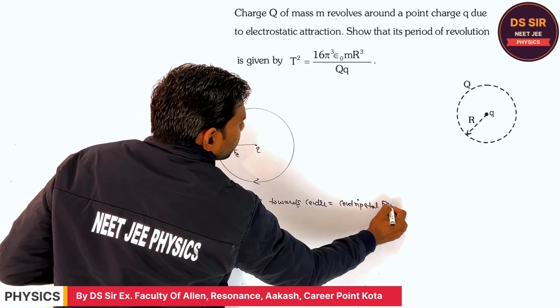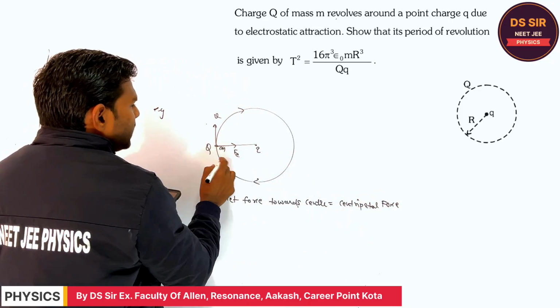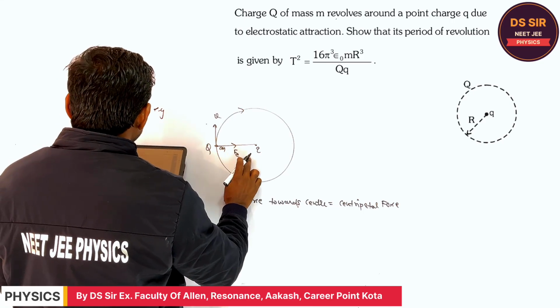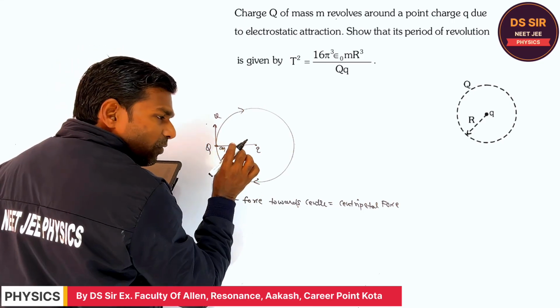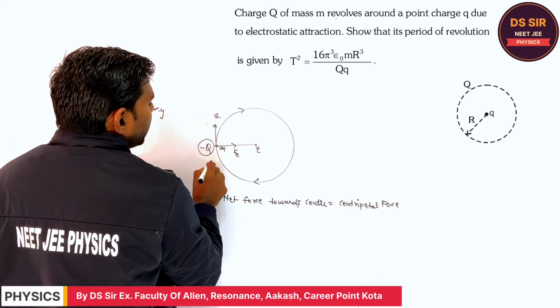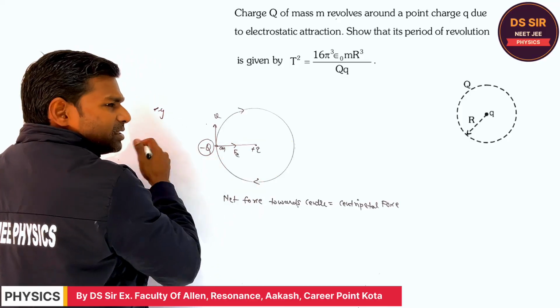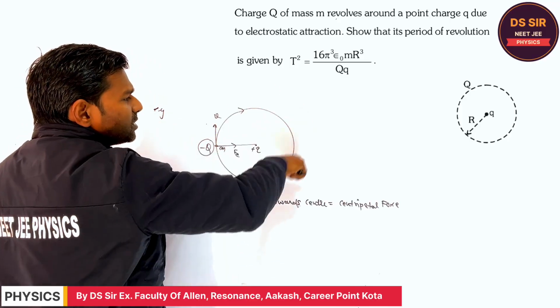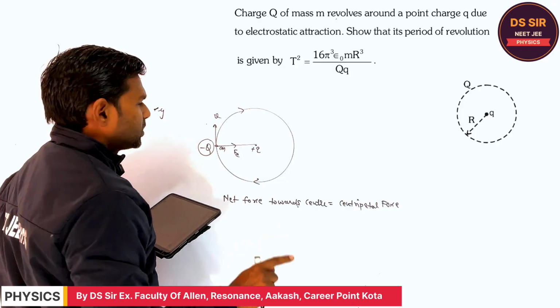If this is q, this is Q, they must be of opposite sign. Suppose this is minus q, this is plus Q. Otherwise there will be repulsive force and circular motion is not possible.